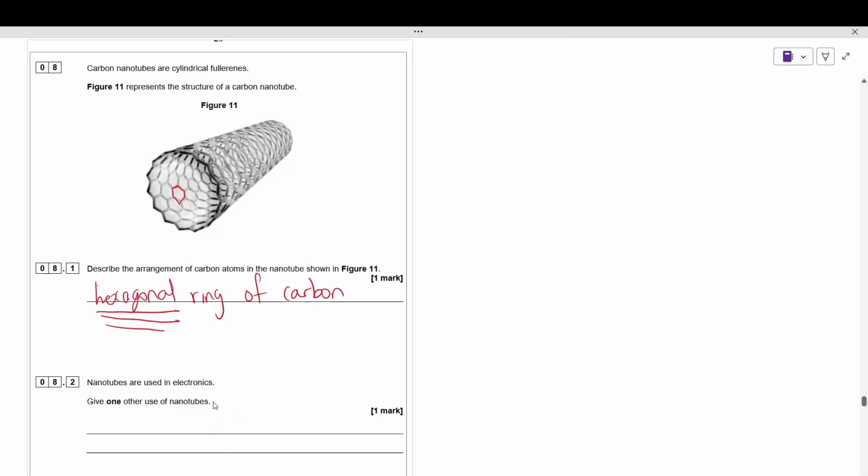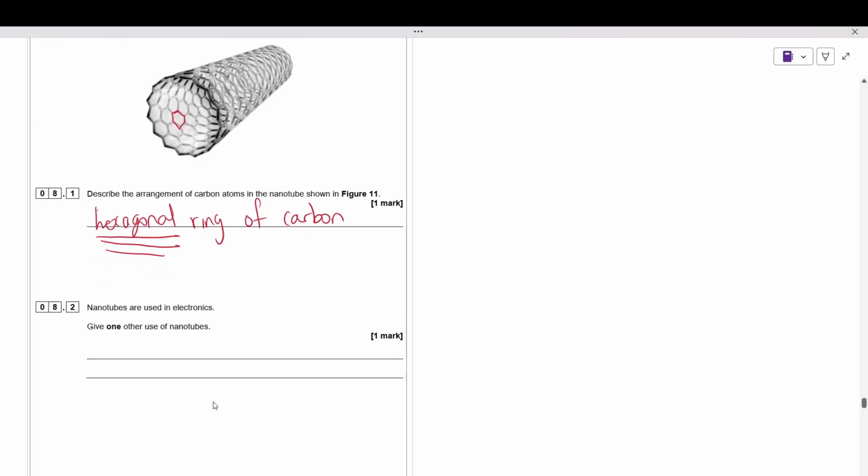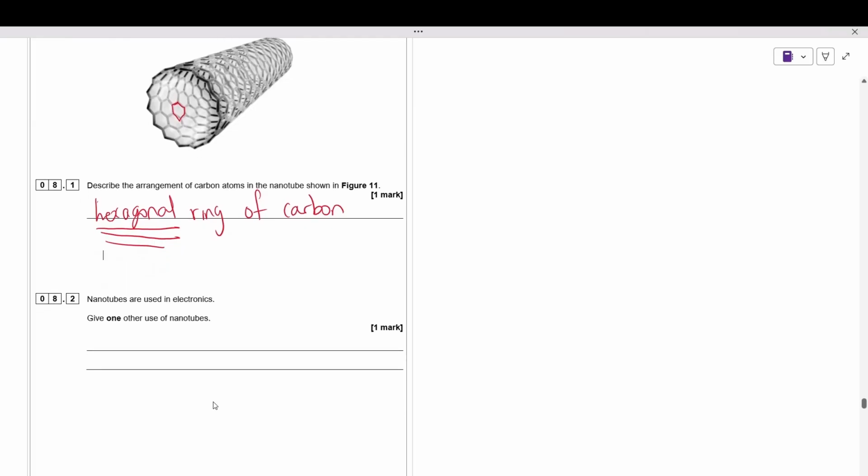So this nanotube is usually used in electronics because of those delocalized electrons. Give one other use of this. So it is used in nanotechnology. So we can just write that down. Nanotechnology. It is also used in some body armor or sporting equipment. So you can use that as well, right?